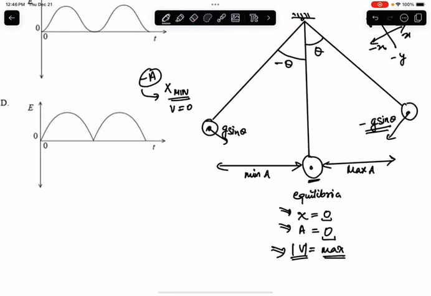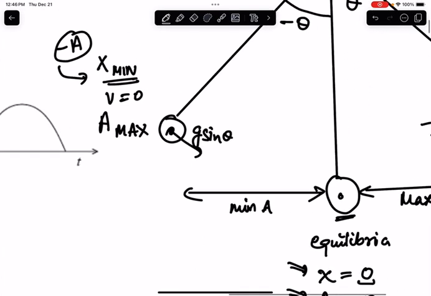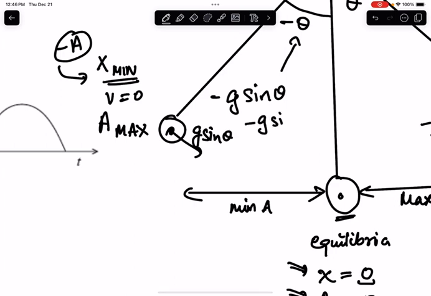Okay, the other thing is that the acceleration is actually the maximum at this point. Okay, so the reason the acceleration is maximum is because the acceleration is negative g sine of theta. But because theta is negative, this is negative g sine of negative theta, which just becomes positive g sine theta.